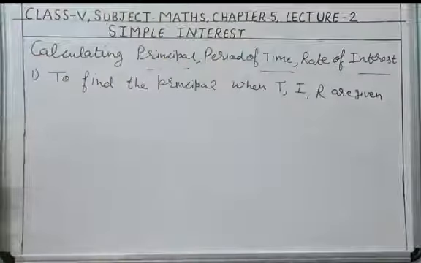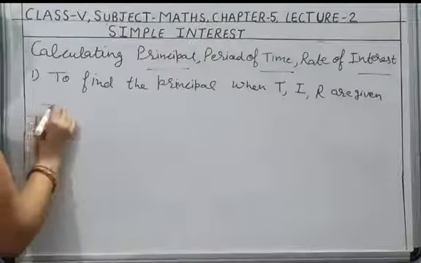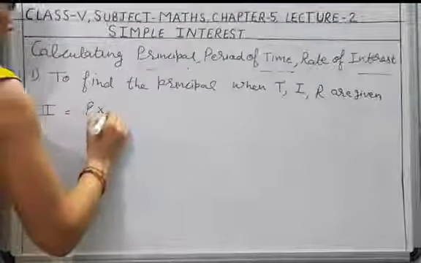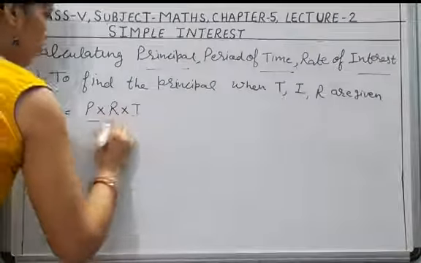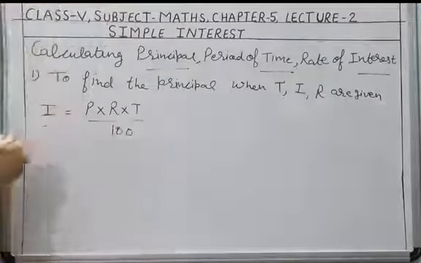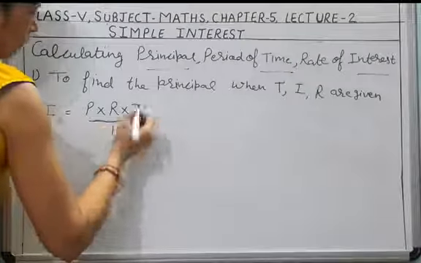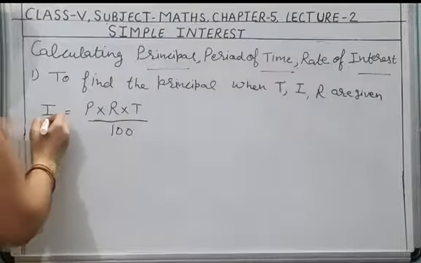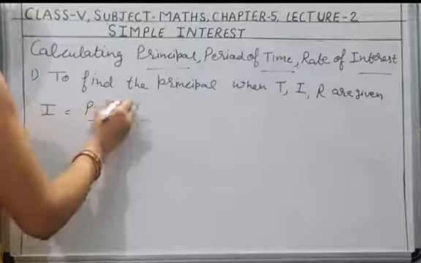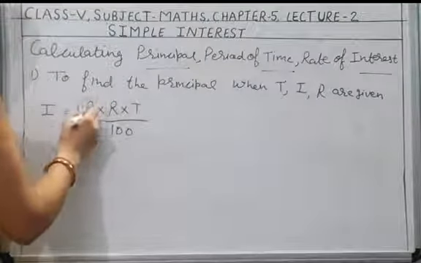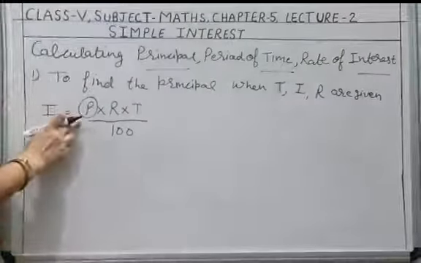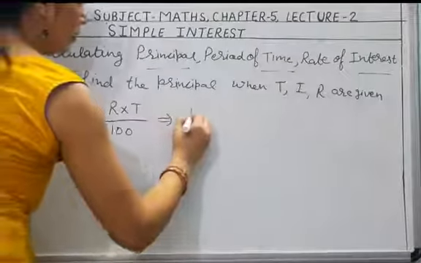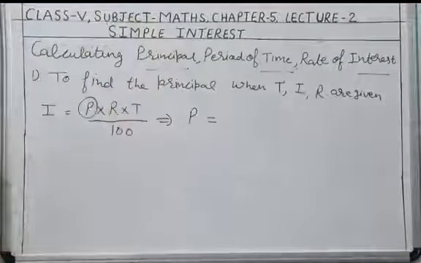Okay. Now as interest is given, so interest is P into R into T upon 100. This interest is given to us, rate is given, time is given. Principal we have to calculate. So principal will be written separately.